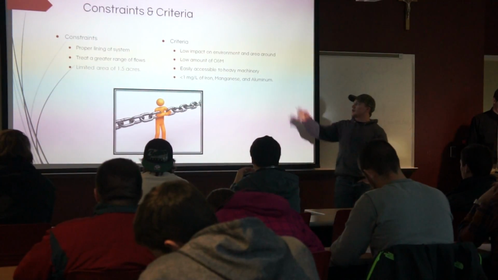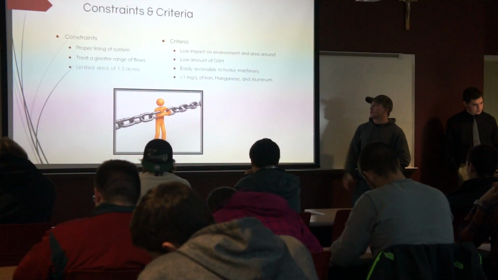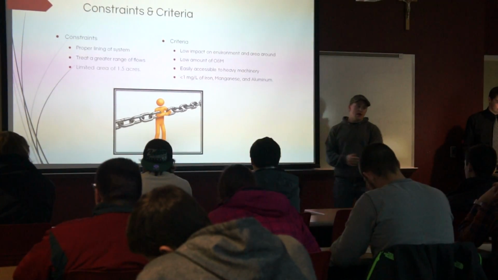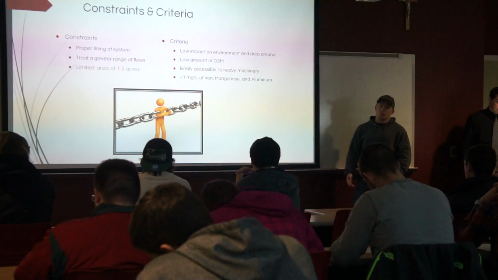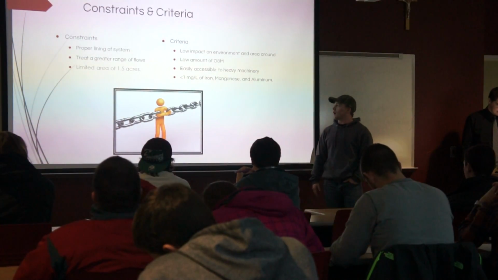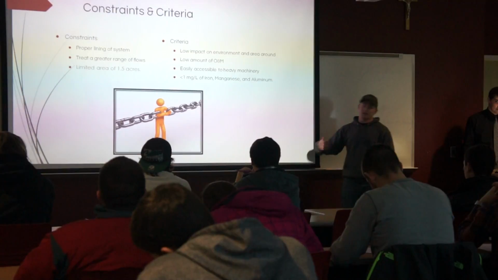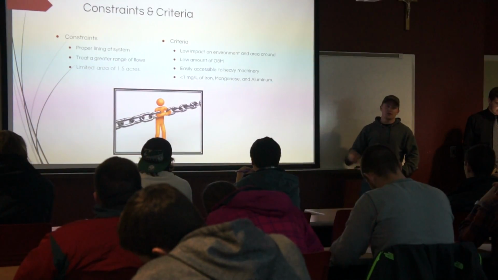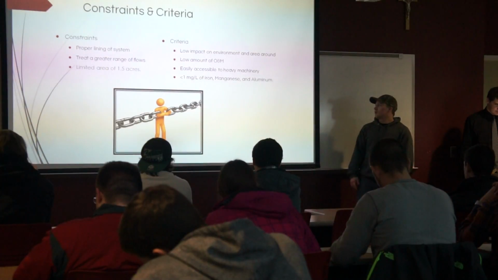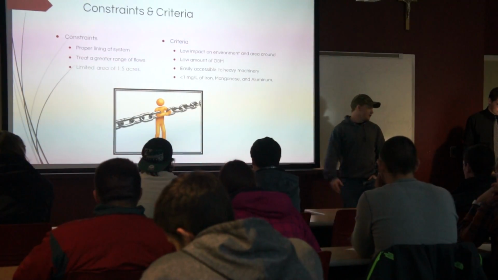Some criteria are that we want low impact on the environment, a low amount of operation and management of the system, and to be able to use heavy machinery to place or replace limestone in the system.